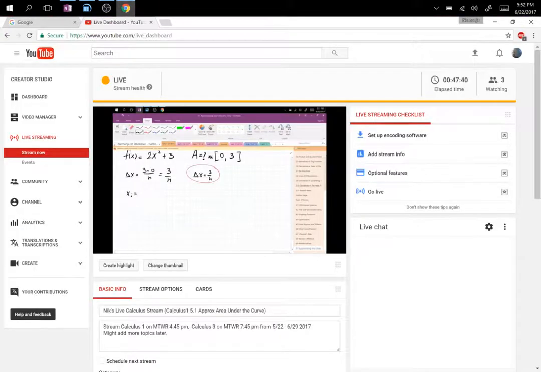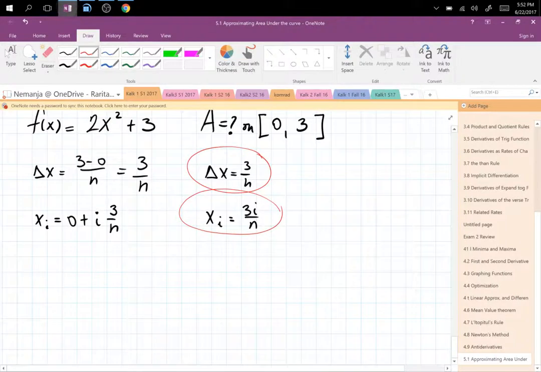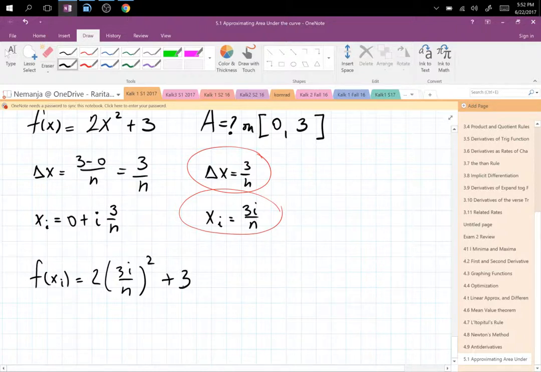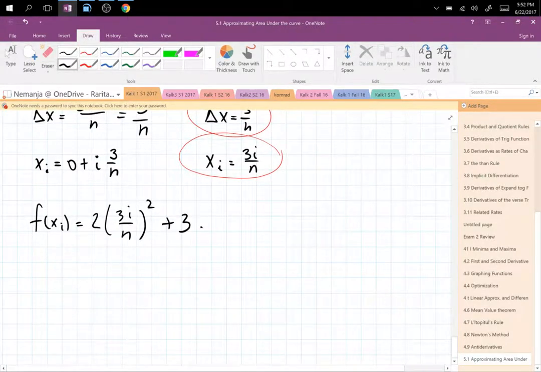The next part for us is to create f of xi by plugging xi into the function and working it out. So f of xi is equal to 2 times 3i over n, squared, plus 3, and now crank this algebra.